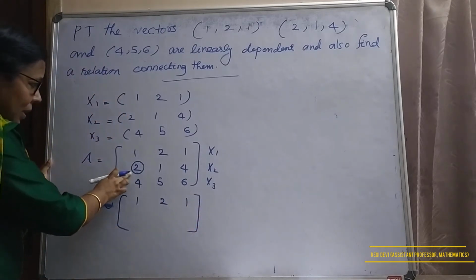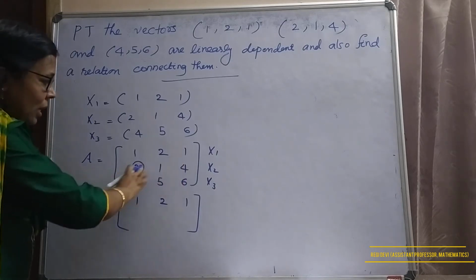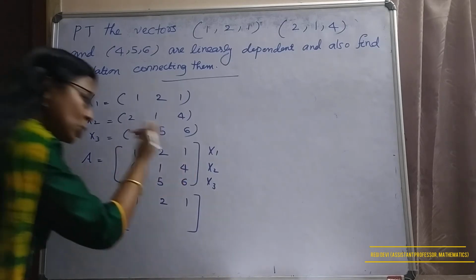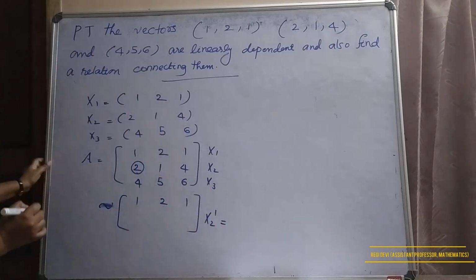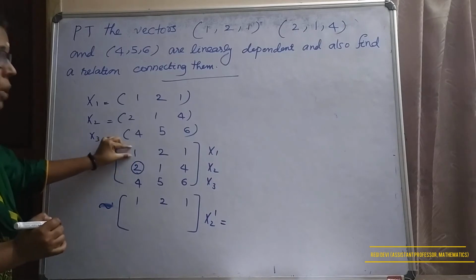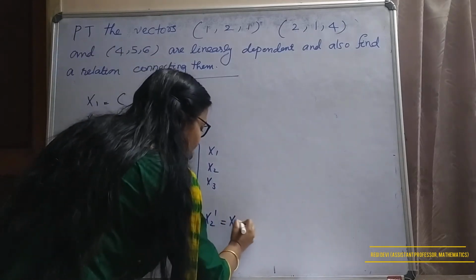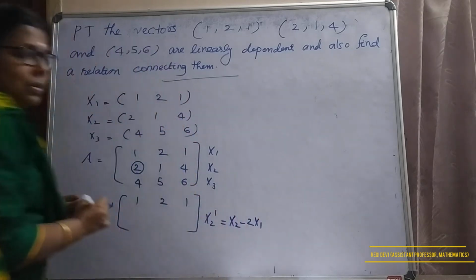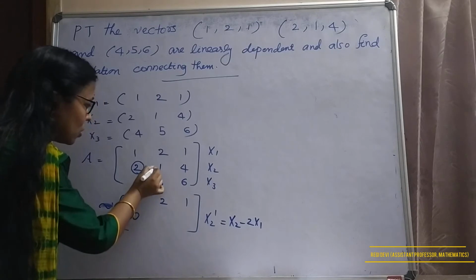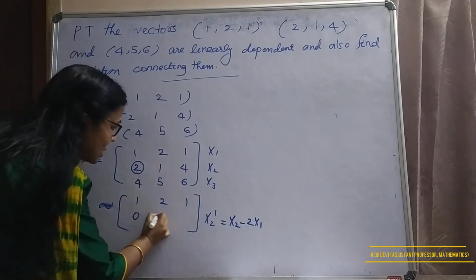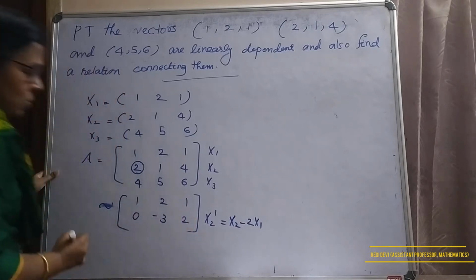Then the second row changes, x2 changes to x2 dash equal to x2 minus 2x1. Therefore 0, 1 minus 4 which is minus 3, 4 minus 2 which is 2.